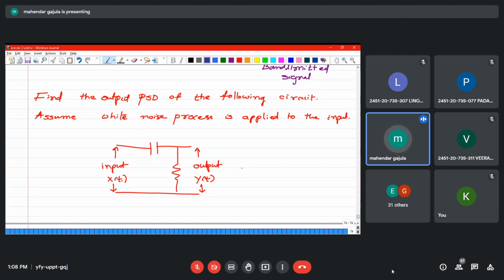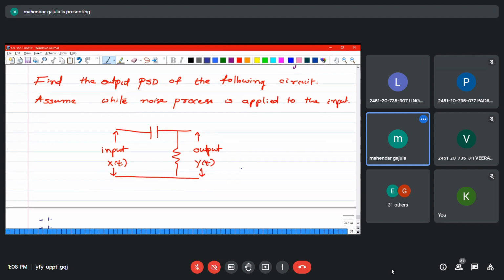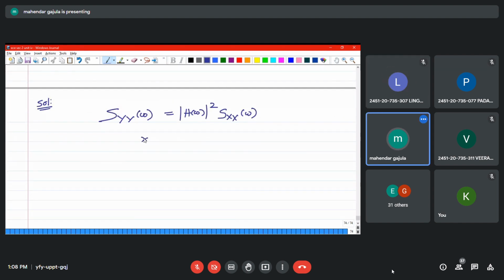What is the input given? Can anyone answer? White noise. Yes. Next is the white noise process. Can anyone tell me what is the power spectral density of white noise?